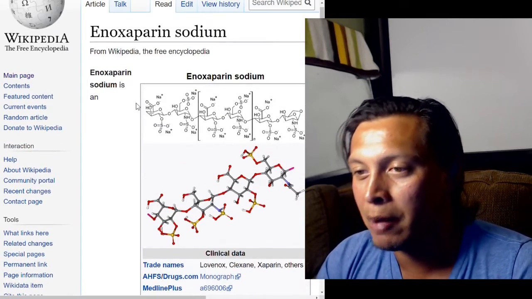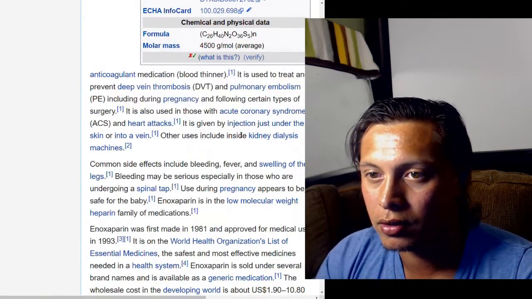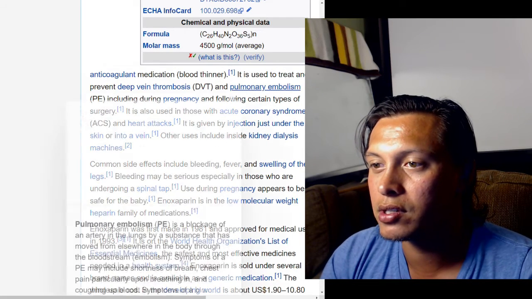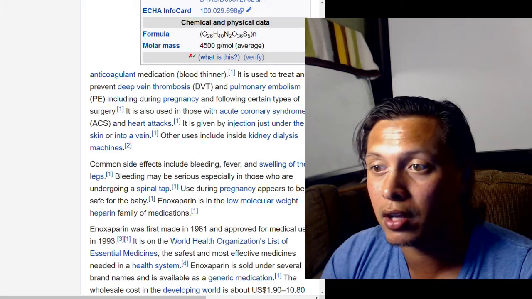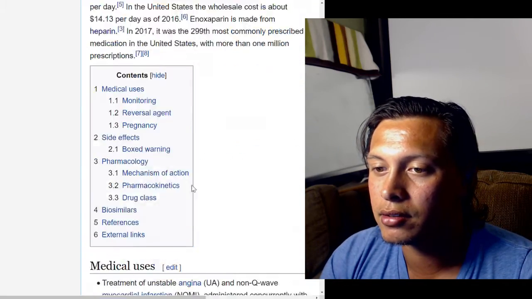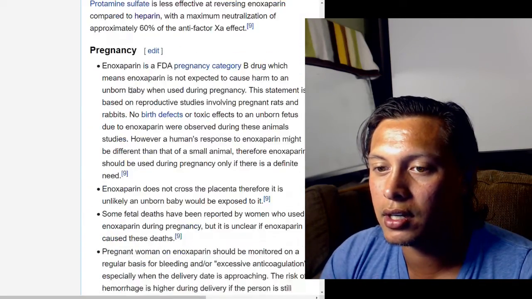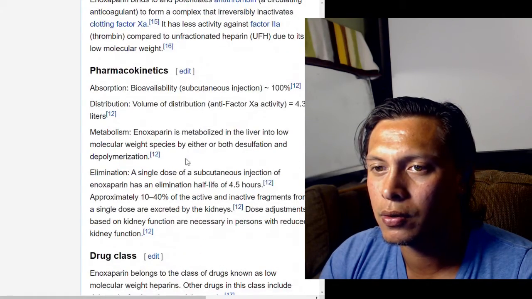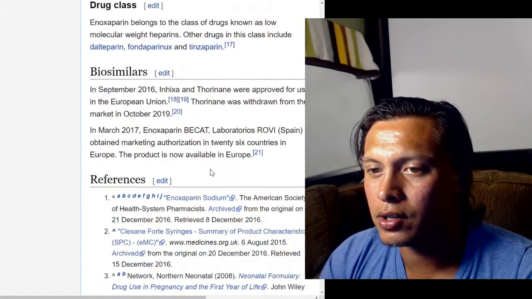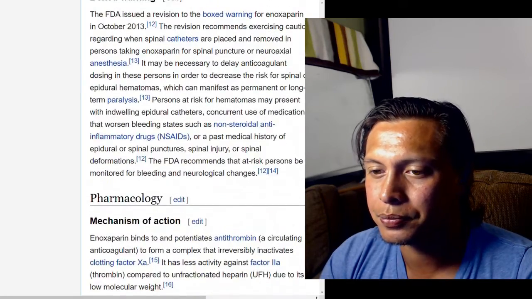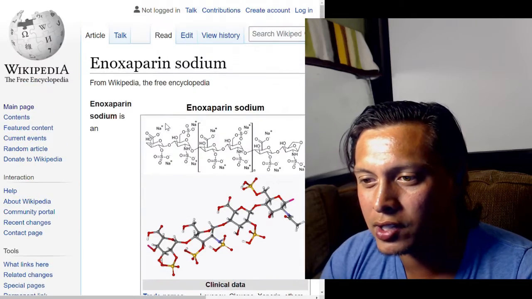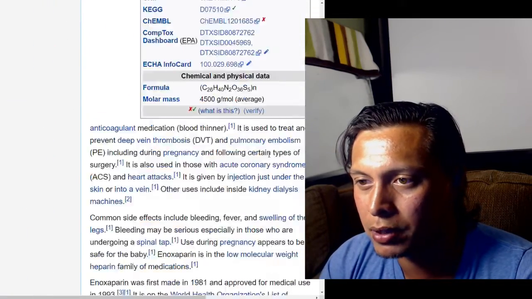Oh, so this is a heparin analog, I believe. Yeah, used to prevent deep vein thrombosis, so deep vein blood clotting. So yeah, this is an anti-blood clotting thing. I believe this looks like heparin to me, but I could be wrong.